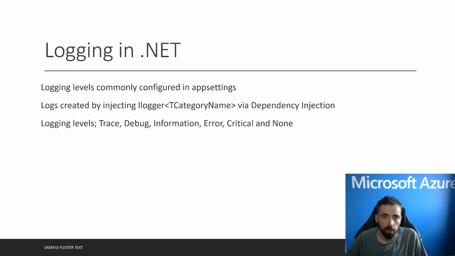We inject ILogger into our classes via dependency injection, and we have 6 levels of logging available, from trace, debug, information, critical, error, and none.